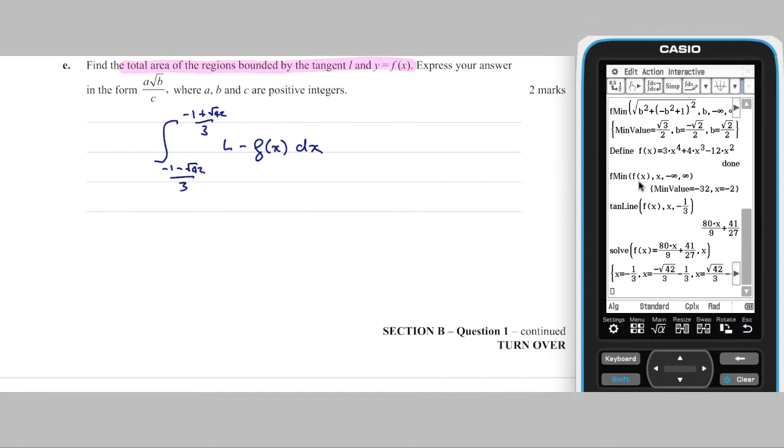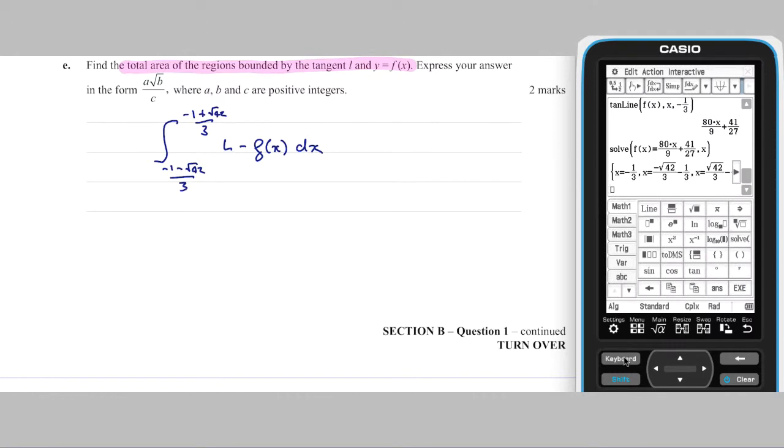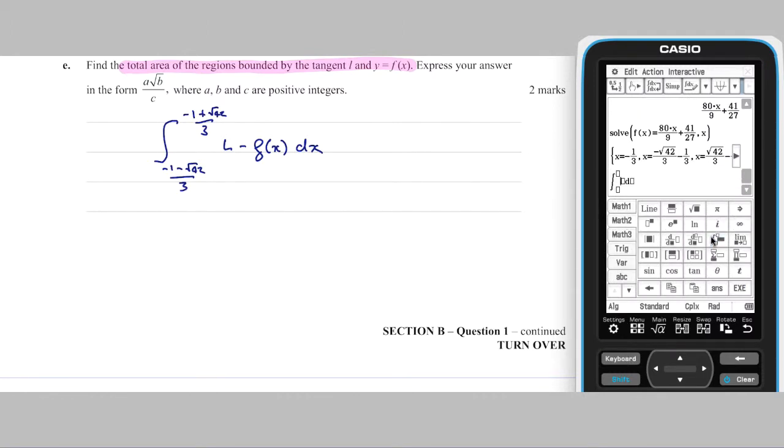We can compute this definite integral on our ClassPad. Here's our line L minus our function f of x.